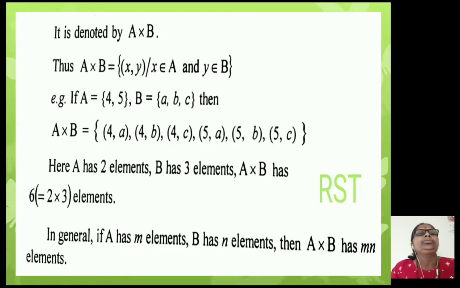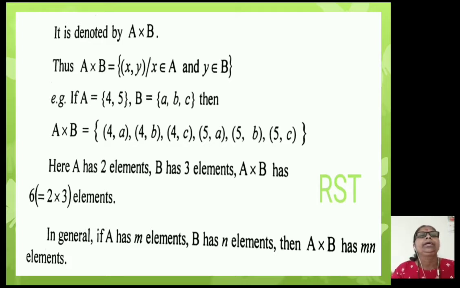The first ordered pair is (4, a), the second ordered pair is (4, b), the third ordered pair is (4, c). The next is (5, a), the next is (5, b), and (5, c) is the last.